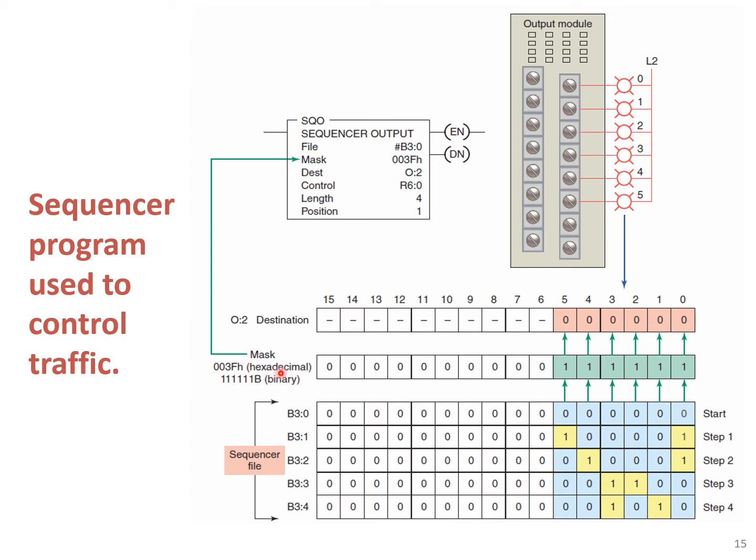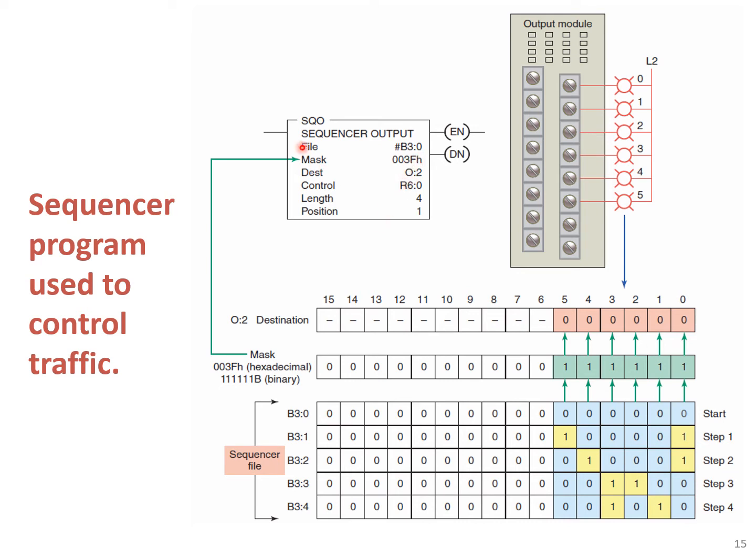It just shows the numbering format. For the second one here it is binary. We need to convert it to hexadecimal, because many PLCs use the hexadecimal format, and that will be 3F. So here we have the mask 3F.